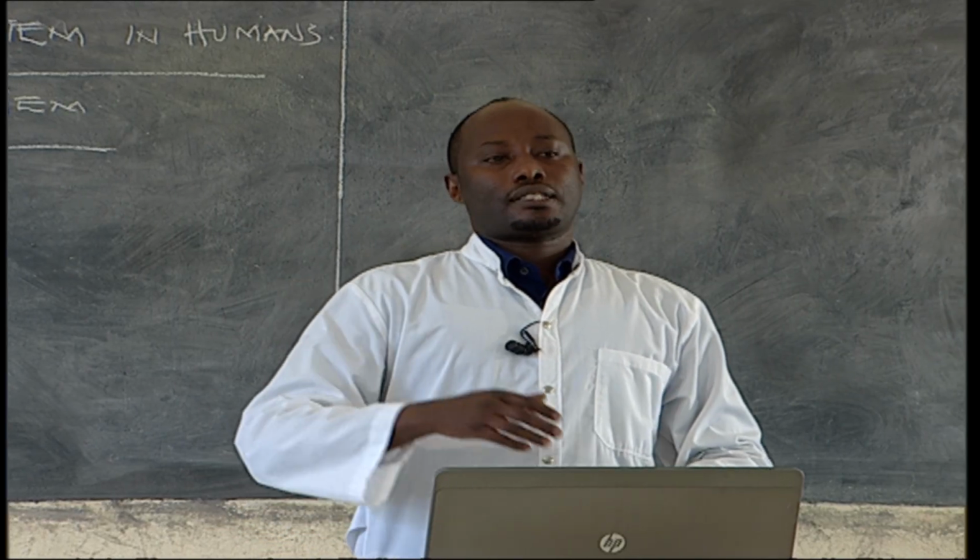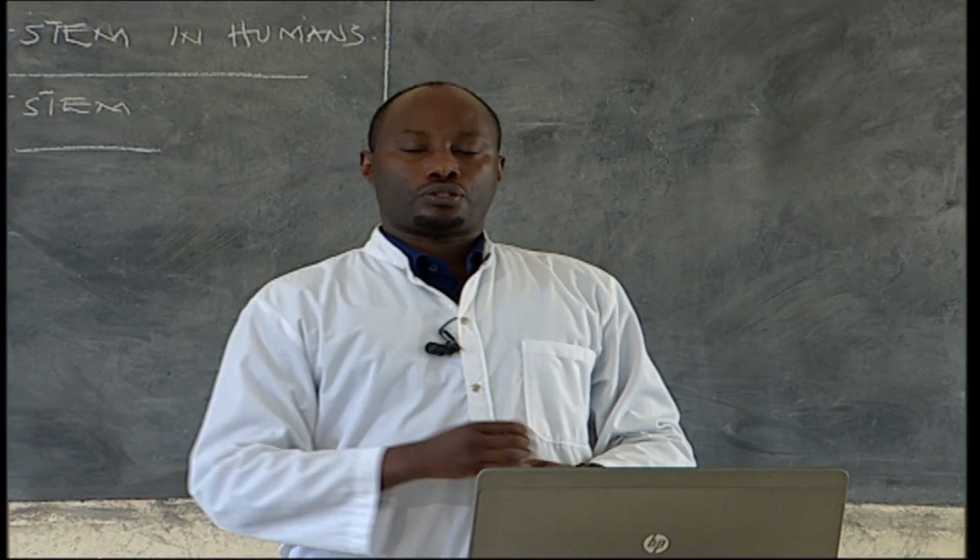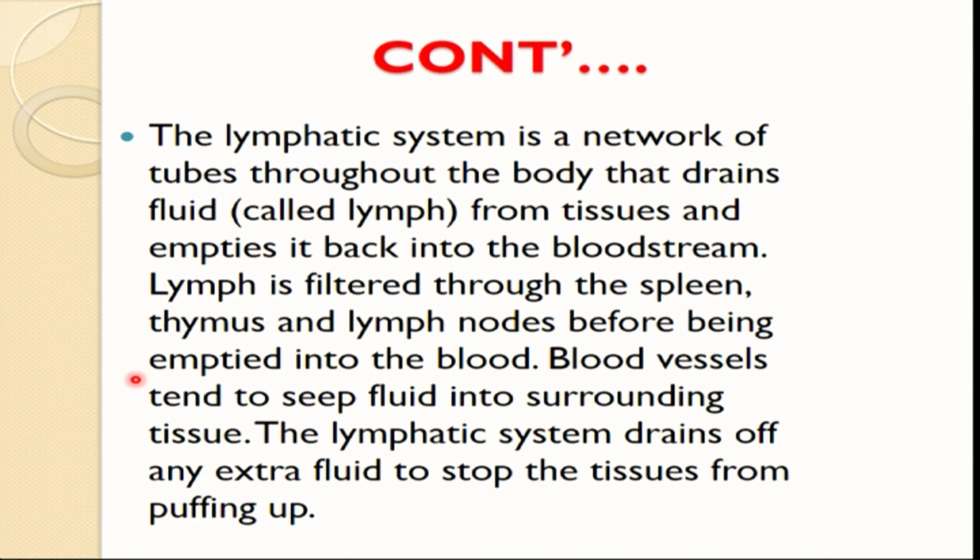So I said the lymphatic system is a network of tubules throughout the body that drains fluid called lymph from tissue and empties it back into the heart. That's what I mentioned earlier. Emptying it back is a drainage system.